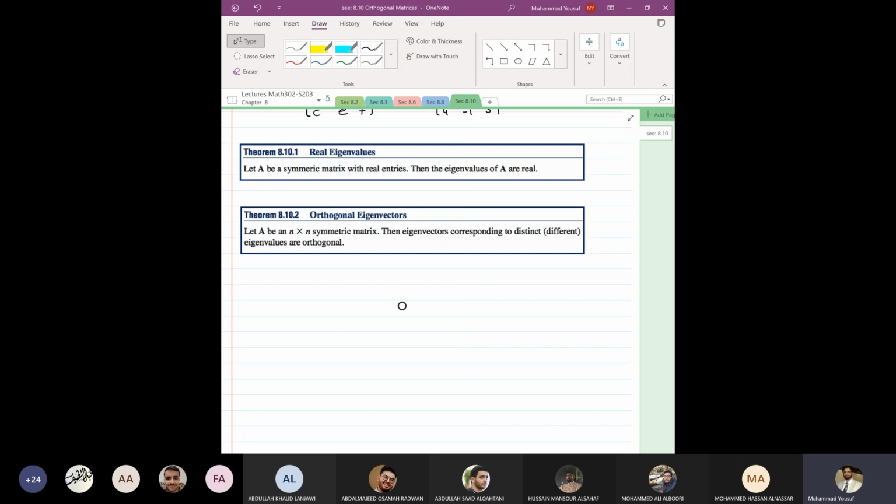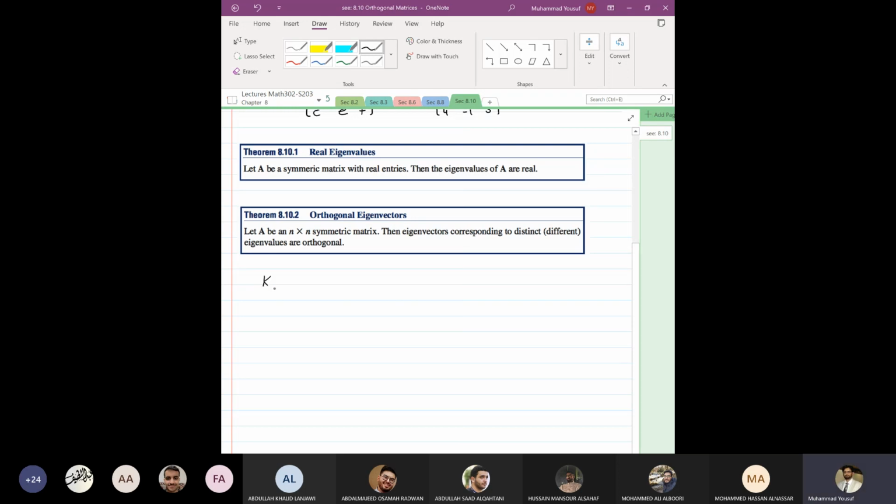You know, we have seen it before, even in 7.6. When do we say two vectors are orthogonal? When their dot product is 0.